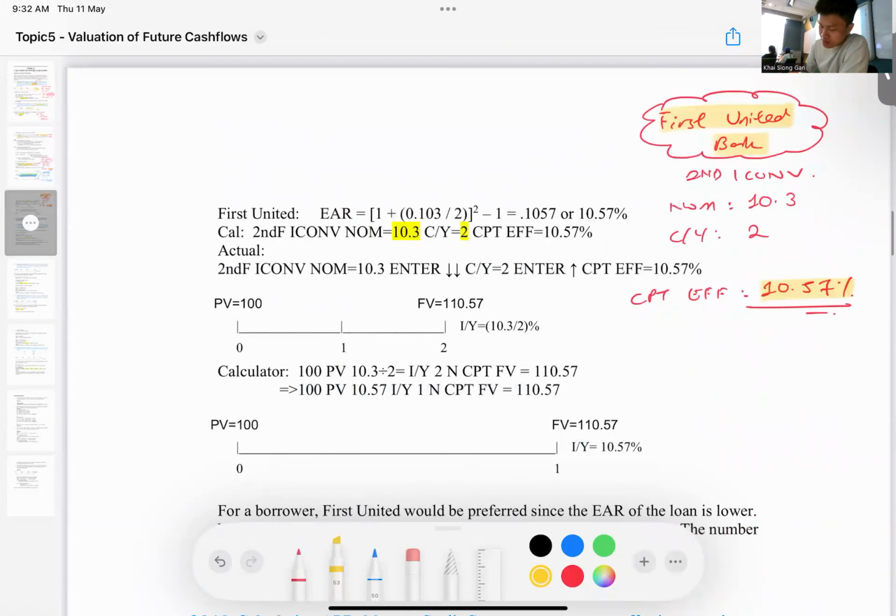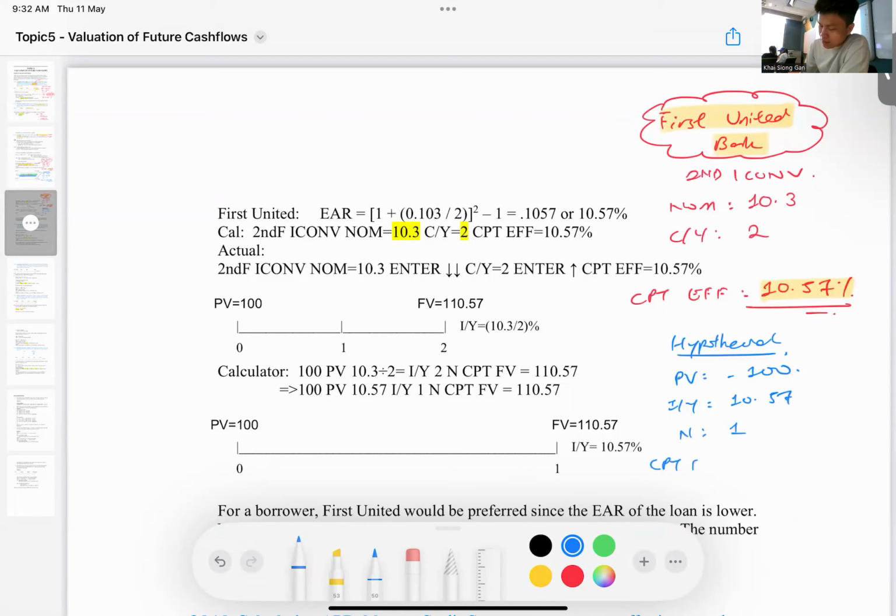I can show a hypothetical scenario as well. For example, now I borrow 100, and my I/Y now is 10.57%. My N is 1.